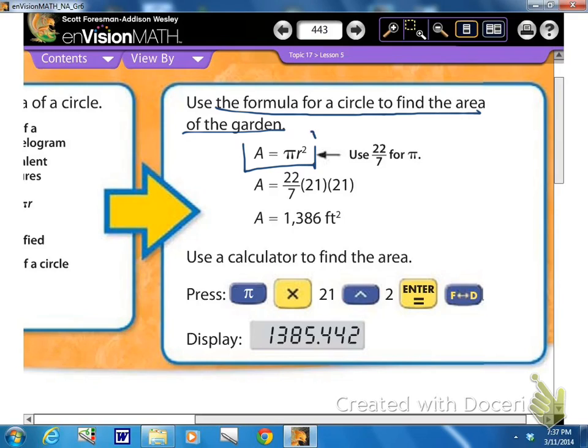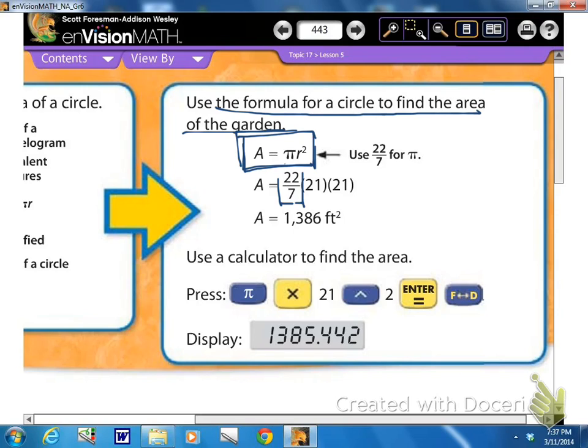This is the formula for how to find the area of a circle, and you're going to be using this through your homework. So area of a circle, we find that by multiplying pi times the radius times the radius. They plug in this time, and they use the fraction 22/7 as pi.